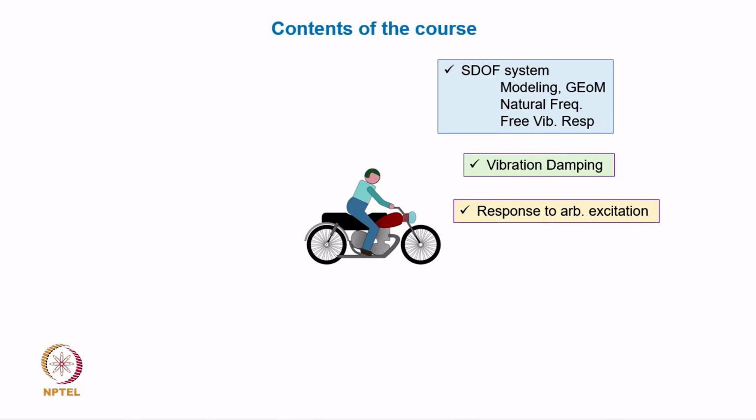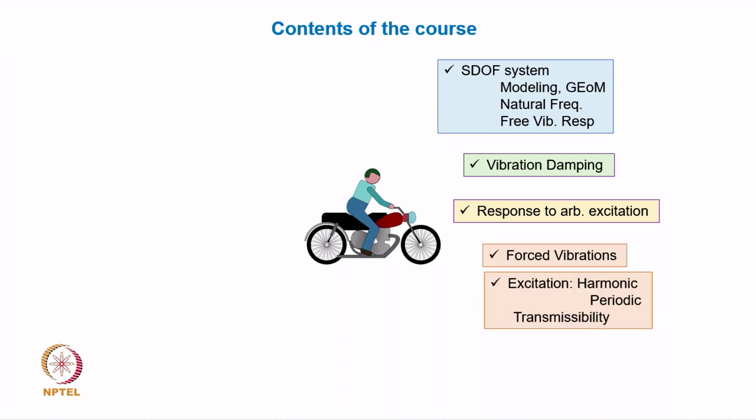And needless to say, the same approach can be extended to other complex vibratory systems. So, you would see later that whatever we learned for a single degree of freedom system as excitation in different ways will be applicable obviously to other higher degrees of freedom systems.